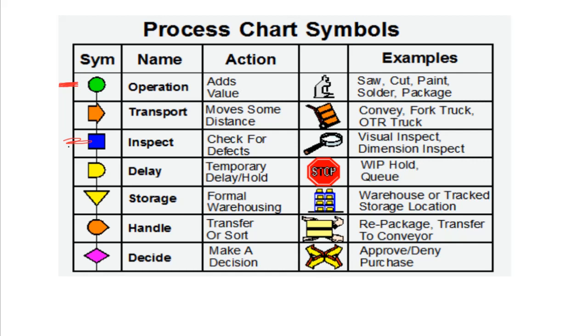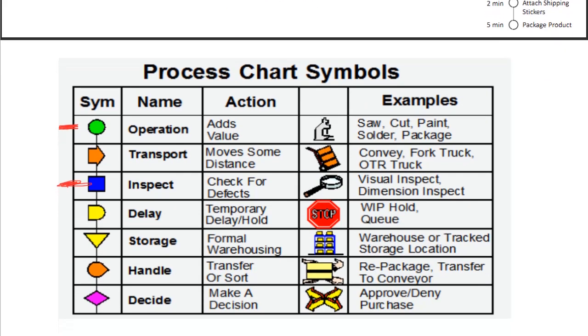And then you have inspections. Can you find any defects? Is there a defect in the work that was done in the previous operation? As you can see, there's a lot more. There's storage, there's transportation. I haven't shown those, but you certainly could.